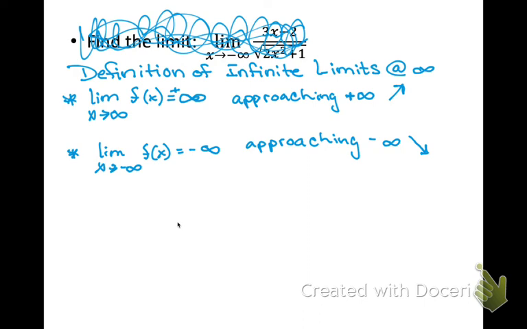Does that make sense? So if I have the limit as x approaches infinity of x cubed, what is that going to be? Infinity, positive infinity, to be exact, yes? So as I go out on my x-axis, my y's are going what? Up.